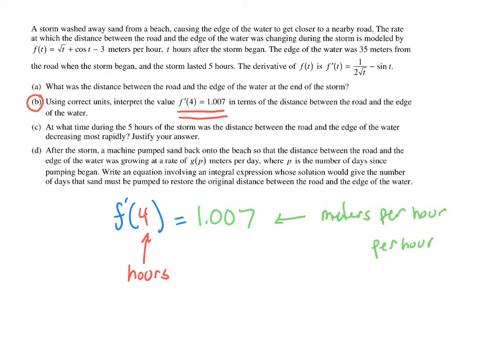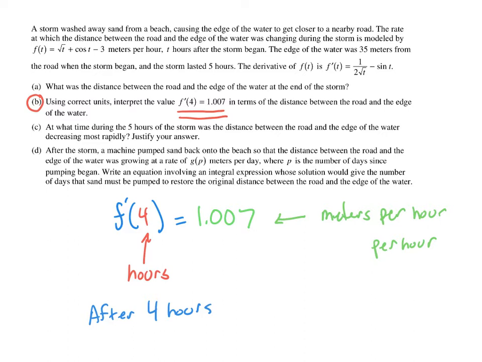So basically what this is saying is, after 4 hours, the rate at which the distance is changing is increasing at a rate of, let's see, how do I want to say this? Under normal circumstances, I'd start this video over, but let's just make sure we're saying this correctly.